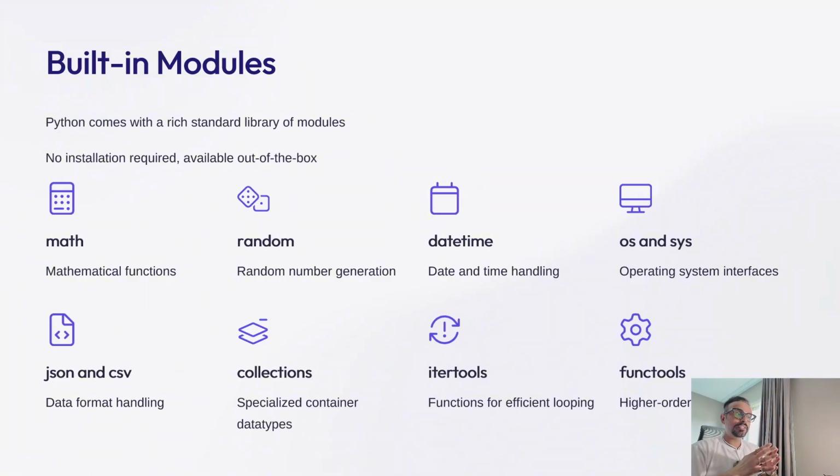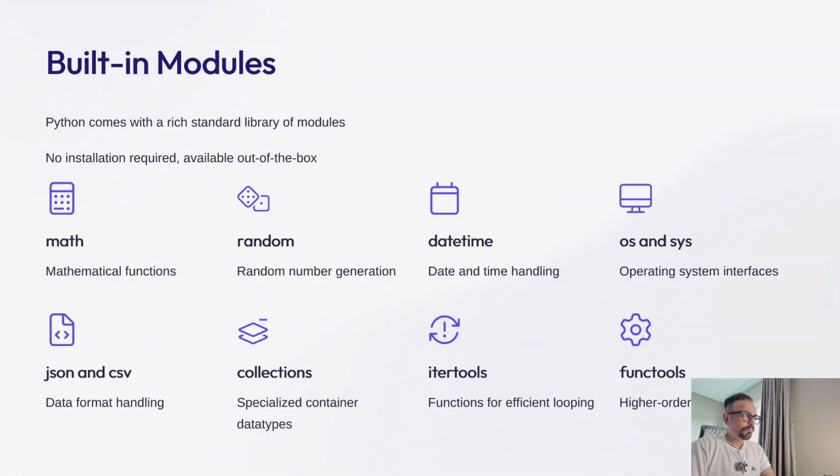While external libraries like NumPy and Pandas often provide more specialized functionality for machine learning tasks, the standard library modules form a solid foundation and are often used alongside these more specialized tools. So familiarity with these built-in modules can help you solve many common problems without adding external dependencies.